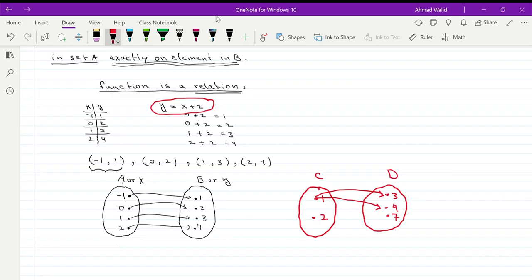It has 2 elements in set D. When it's 2, it becomes 7. Such a relation, if one element of one set has 2 correspondents on the other set, you cannot call it a function. That's not a function.